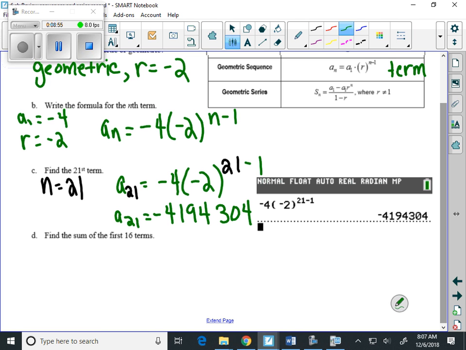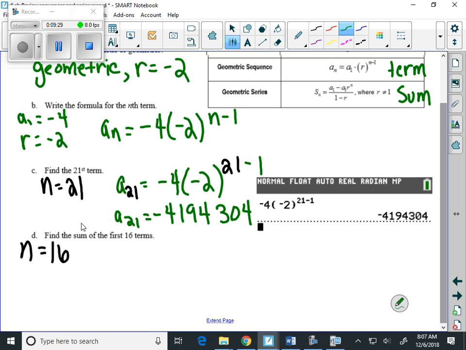And then lastly, what we have to do is find the sum of these. So that means that we need to use this second geometric formula. And what we're going to do this time is we need to know that n is 16. It says find the sum of the first 16 terms. But the only other information that we need is the information that we had in part B. Our a sub 1, our r. That's all that's in the formula.